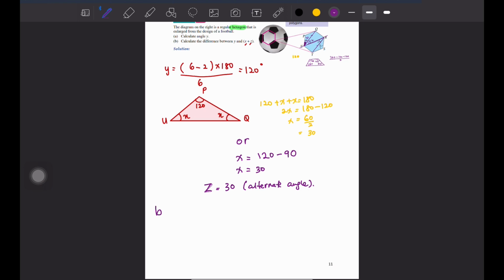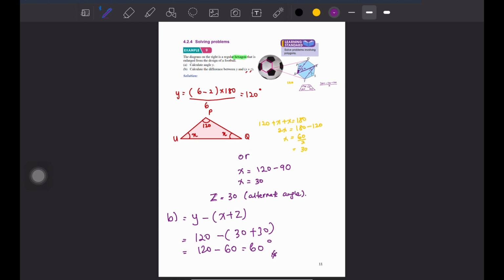So for b, the difference of y minus (x plus z). y is 120 minus (30 plus 30). So 120 minus 60, and your answer is 60.